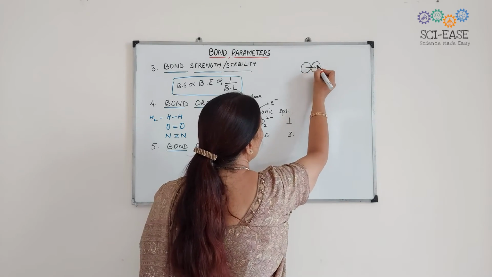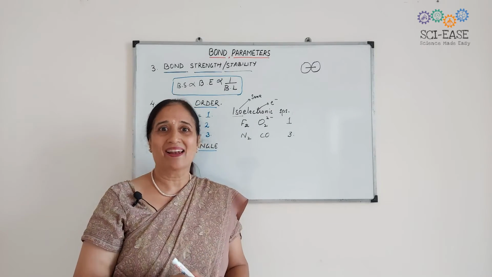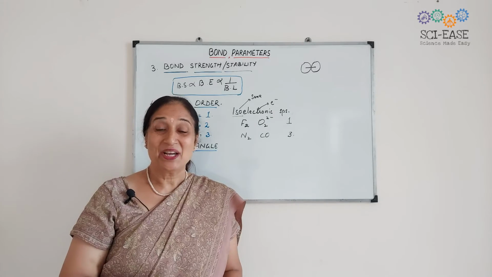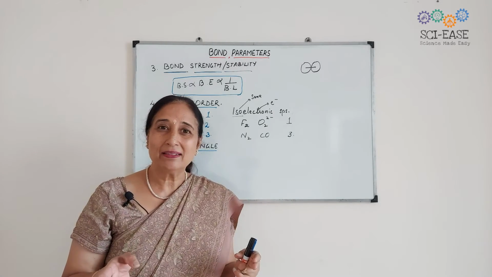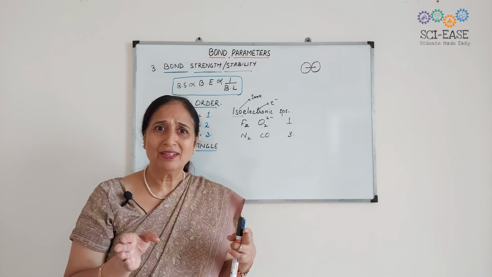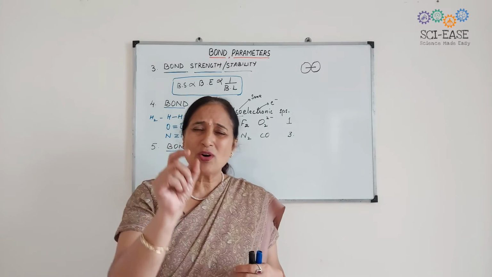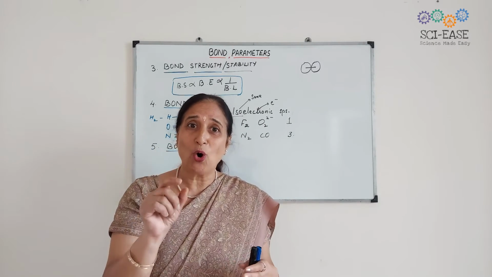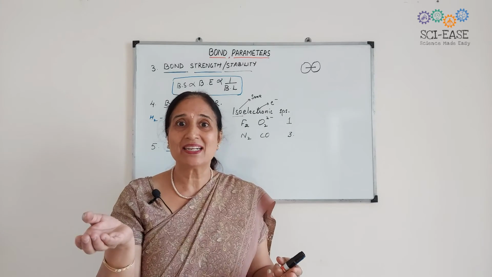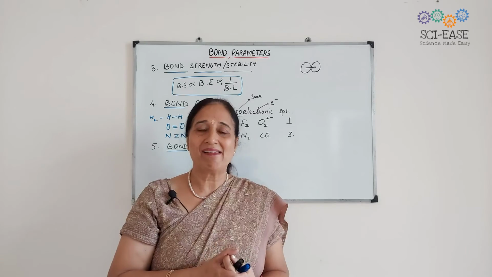One of the students answered that with a scale we will measure the bond length. Can you measure the bond length between the two atoms of a molecule? No, not at all. Why? Because the molecule is so small, we can't see it with our naked eye. So how can we measure it with the help of a scale?